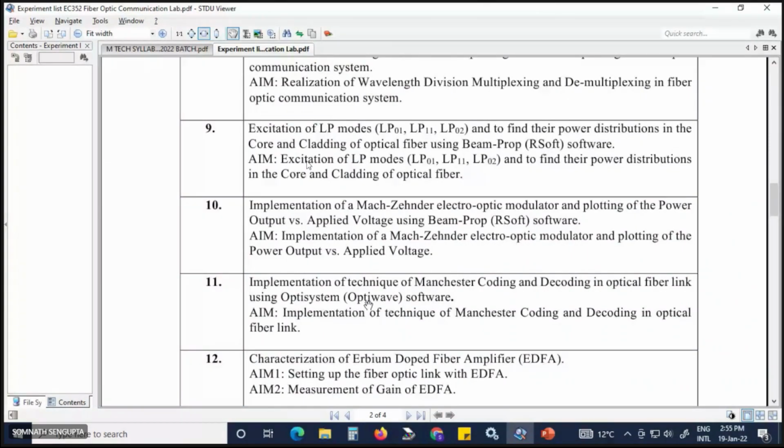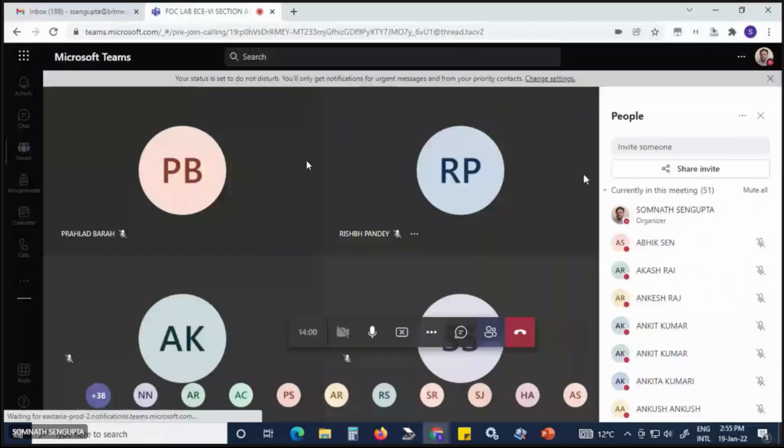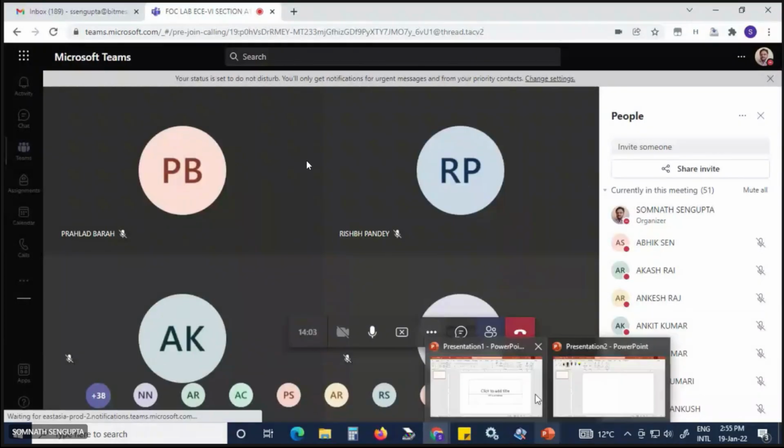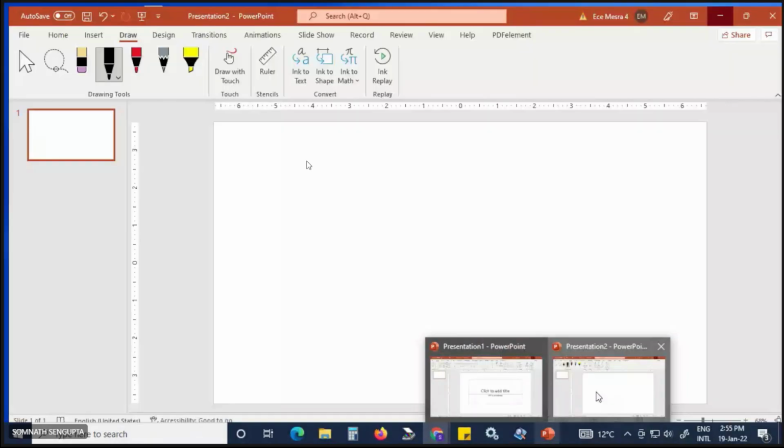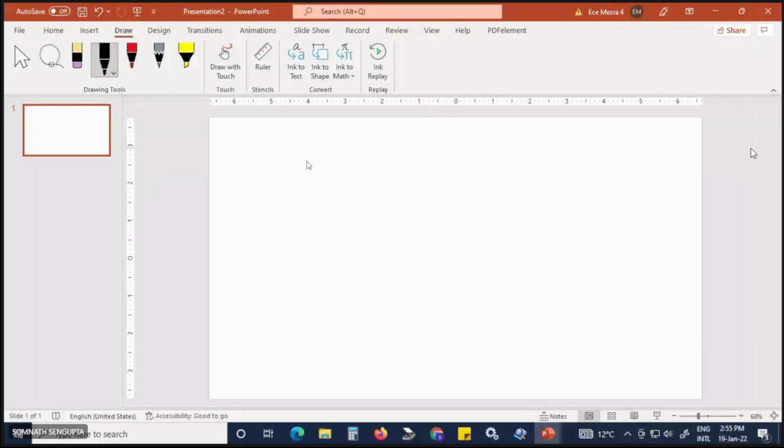We know that it is very difficult to perform laboratory experiments sitting in online mode. It has also become difficult nowadays for engineers to do practical experiments in online mode. But what we can do from our side is demonstrate the experiment in front of you.